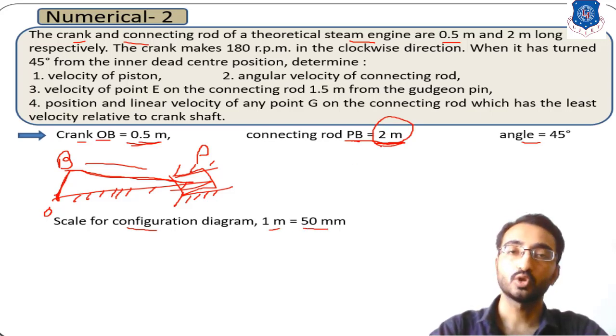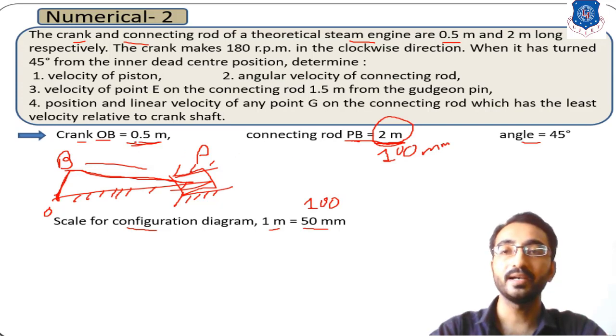What it means is, to sketch this 2 meter you have to sketch a line of 100 mm. So your dimension for the configuration diagram is 100 mm for the connecting rod, and OB of 0.5 meter is half of this, so that is equal to 25 mm. So you can say that 25 mm of crank and 100 mm of connecting rod is what you have to sketch.